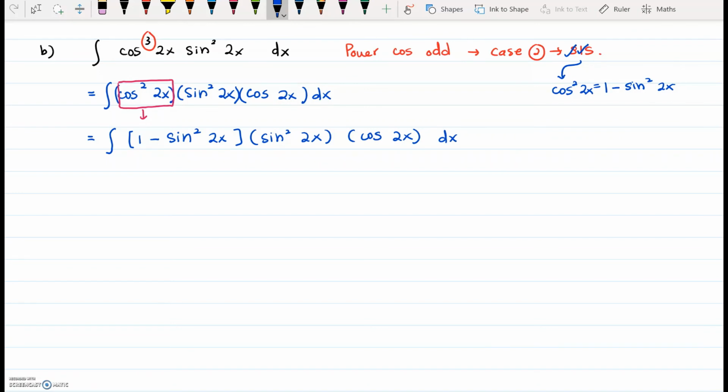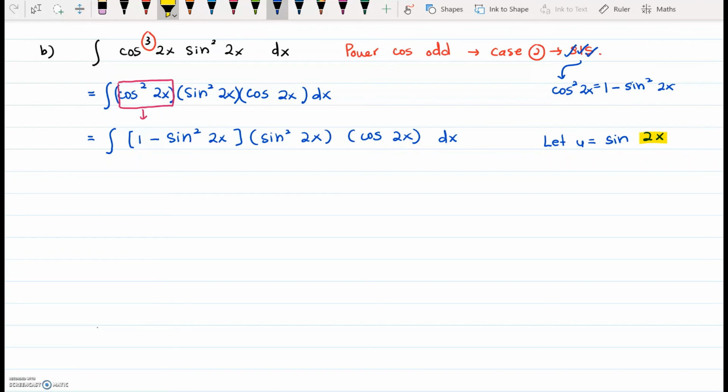Then we will continue with the third step. Our third step is we will use substitution. In this step, let u be equal to the opposite of the case we have here. The case is power of cosine is odd, so the opposite is we will use u as sine of 2x. Please remember, use the original angle given in the question.